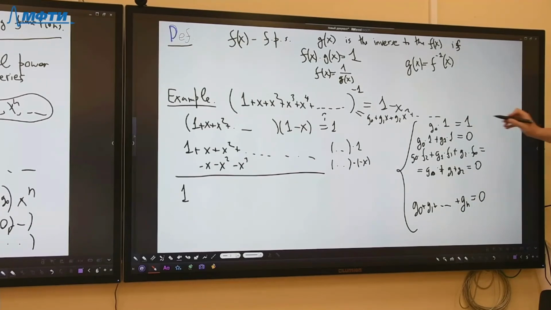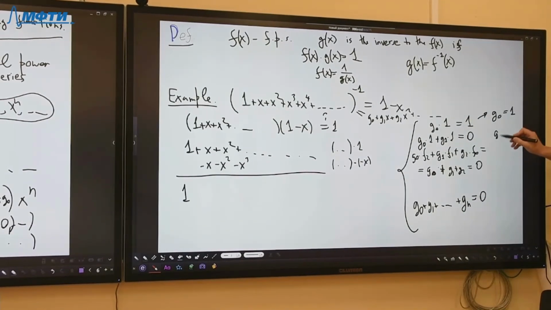From this equation, g0 is equal to 1. From this, g1 is equal to minus 1. From this, g2 is equal to 0. And from this equation, we will also get that gn is equal to 0. So the answer is correct, and we have the same answer as here. It will be 1 minus x, just by solving the linear equations.